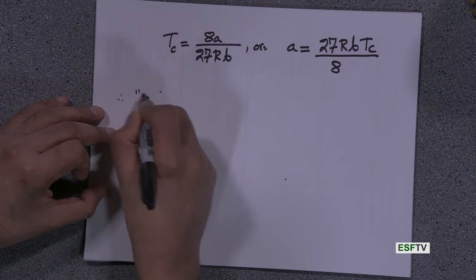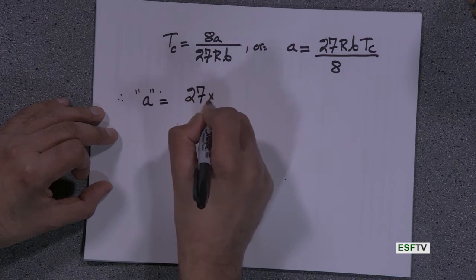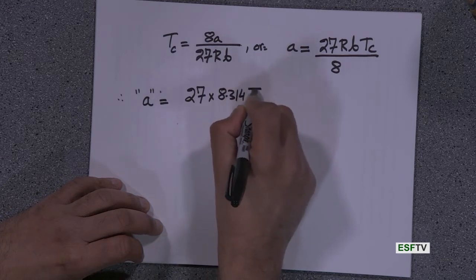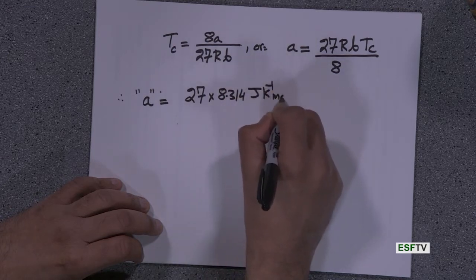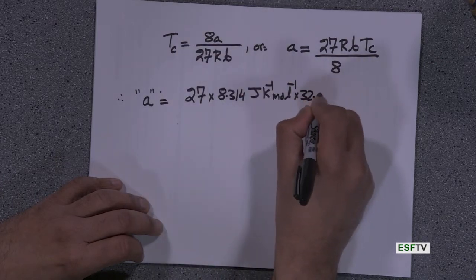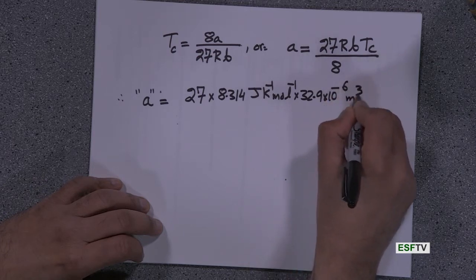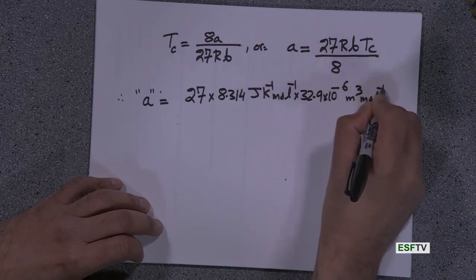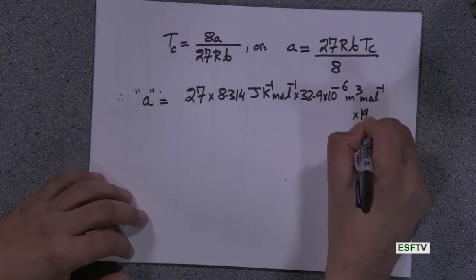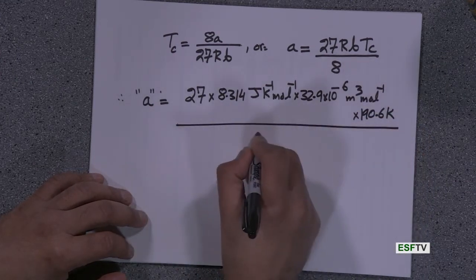Therefore, A is going to have the value 27 multiplying R, let's say 8.314 joules per Kelvin per mole for R, little b 32.9 multiplying 10 raised to the power minus 6 cubic meters per mole. Critical temperature was 190.6 Kelvin, divided by 8.